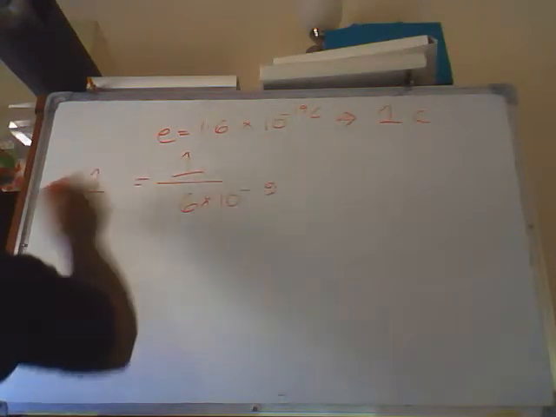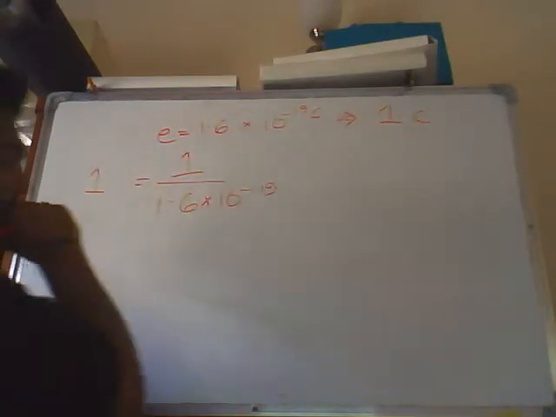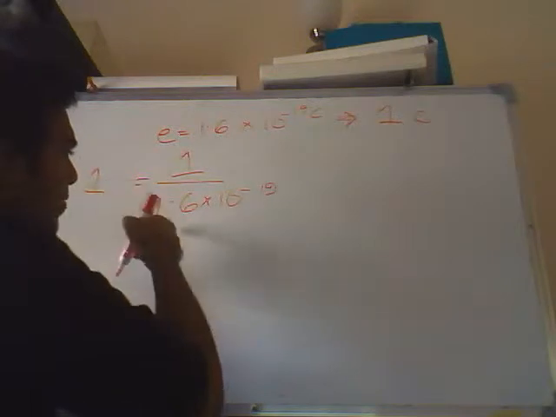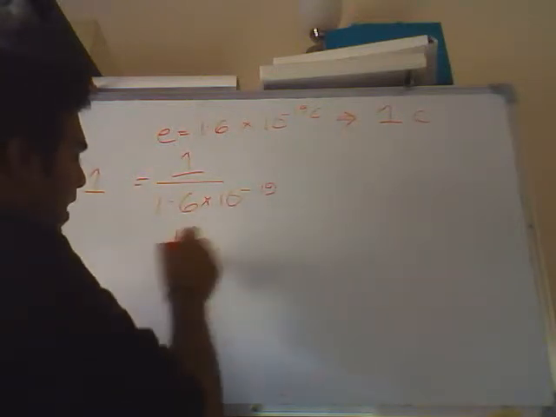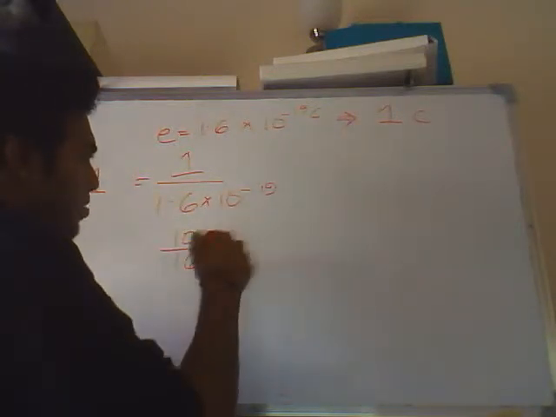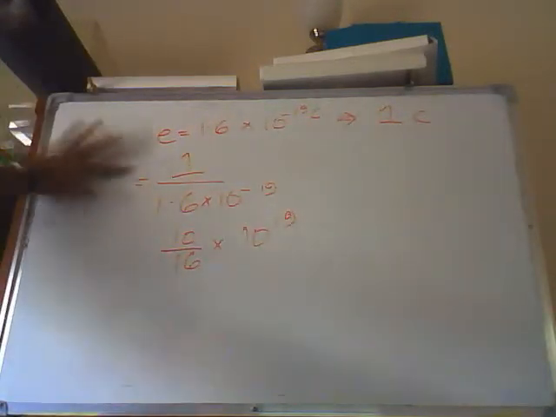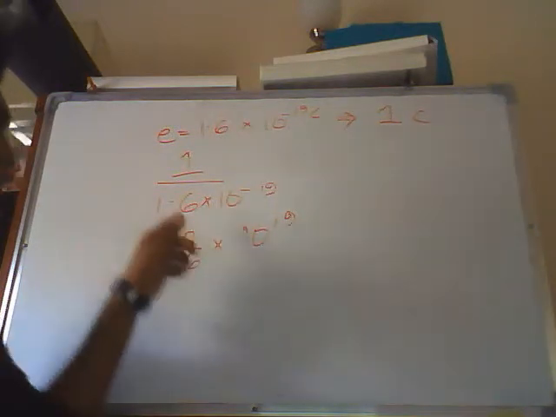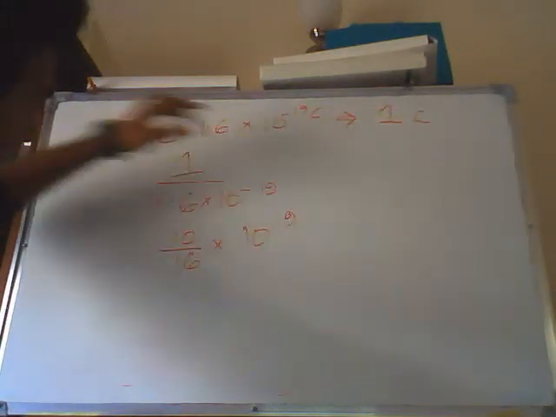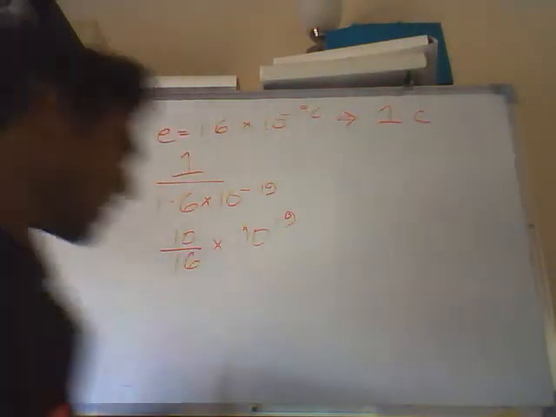1 coulomb would be that much, which would be 10 by 16 times 10 to the 19. What I did here was I took this up, and this is basic arithmetic. Doesn't matter.